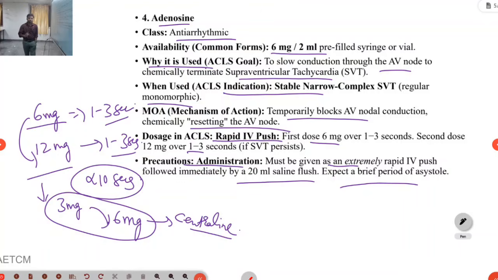The first dose is 6 mg and the next dose is 12 mg. If the patient has a central line already in place, you can give half of the dosage. Once adenosine is given, flush it with 20 ml of normal saline and elevate the limb. Then only will the drug reach the circulation faster. This is about adenosine.